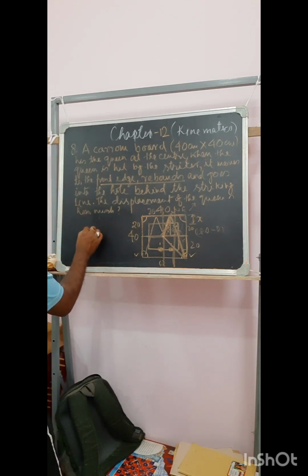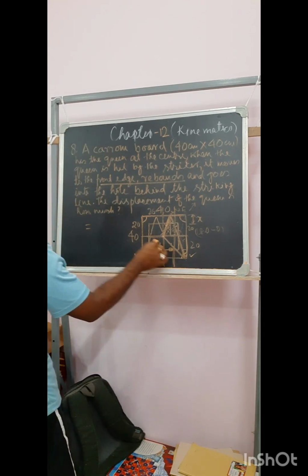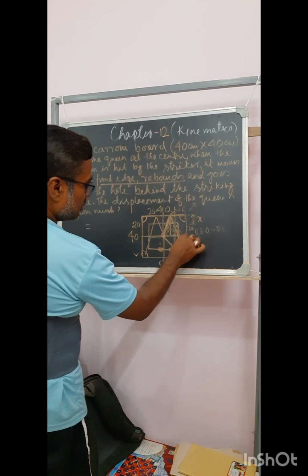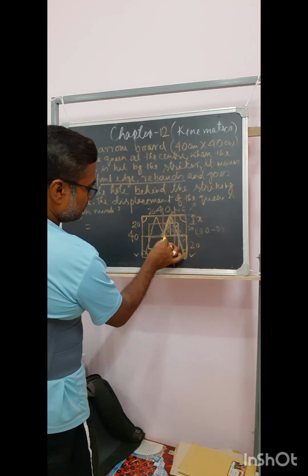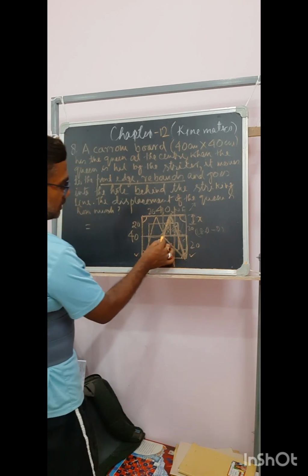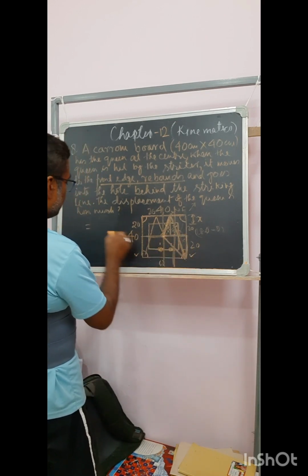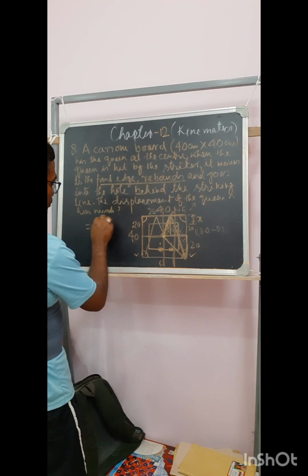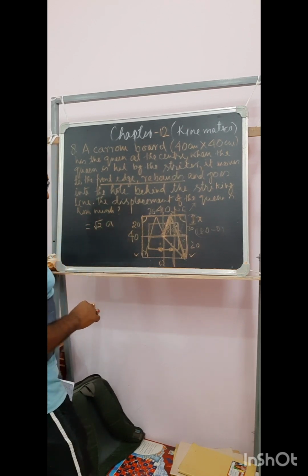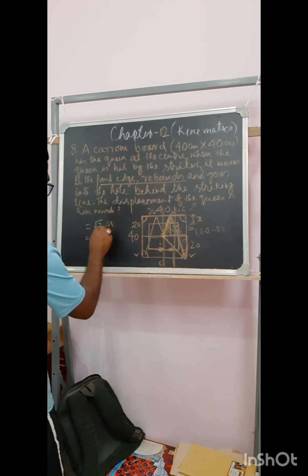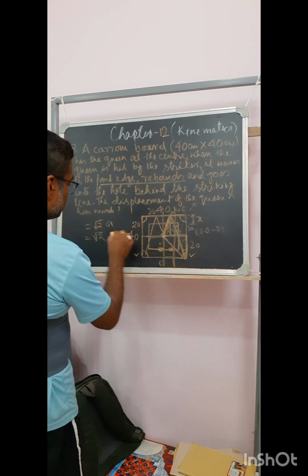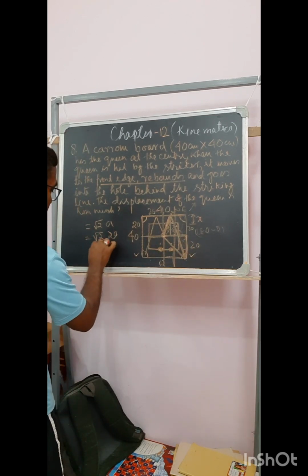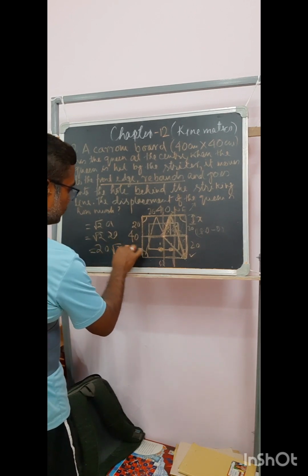If I consider this as a right angle triangle, if it is a square, the diagonal is nothing but root 2 times a. If it is root 2a, what is a here? A is the side of the square, it is 20. So you can say the displacement is 20 root 2.